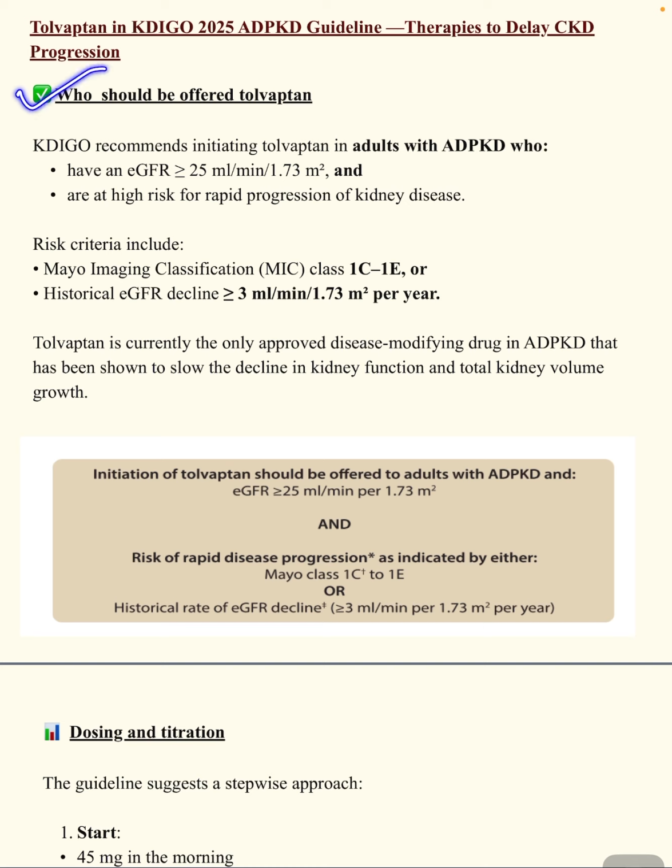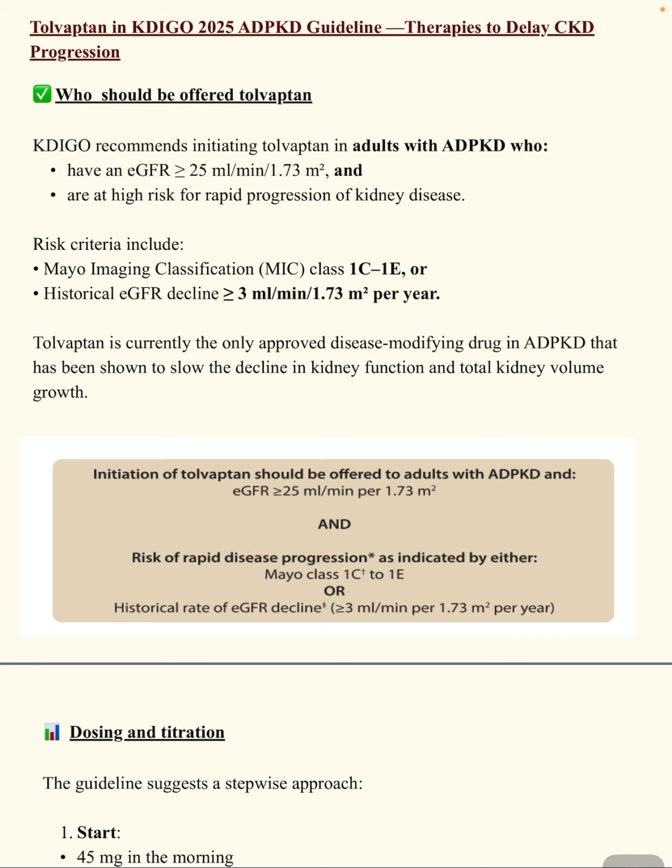Who should receive tolvaptan? That is the indication of tolvaptan. Tolvaptan is recommended in adults with ADPKD who have eGFR more than 25 ml per minute per 1.73 square meter and are at high risk of disease progression.